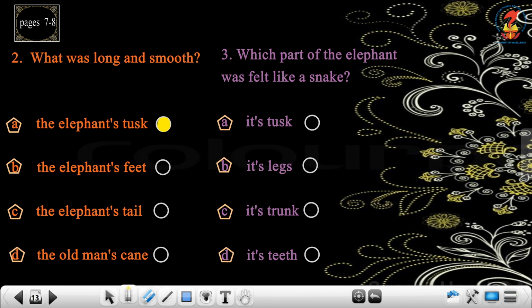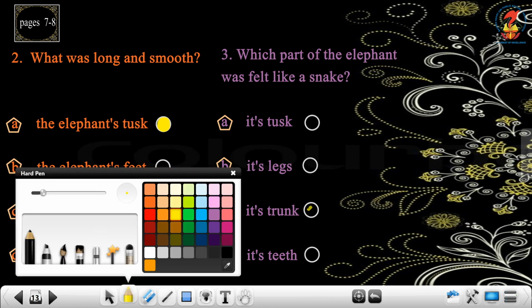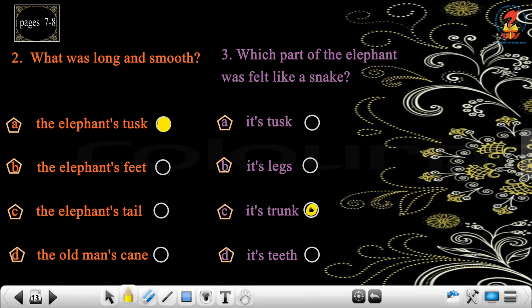What was it? It was its tusk, its legs, its trunk, and option D, its teeth. Which part of the elephant was felt like a snake? Option C, trunk. So take out your pencil and color the portion trunk.